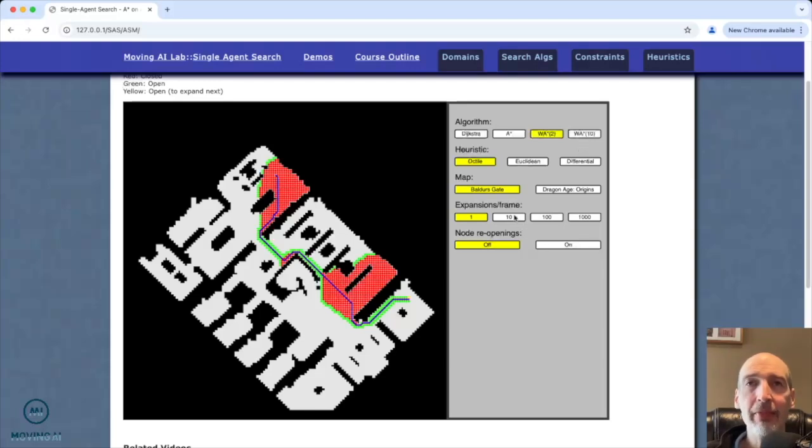And when we think about that, those are the cases where we can actually do node reopenings. So let's go ahead here and solve this problem again and look at node reopenings. What we see here is that as weighted A star searches, it does find an initial path here that's not the optimal path. After it finds the path, so it's actually going down and back up, then it's actually improving this path here.